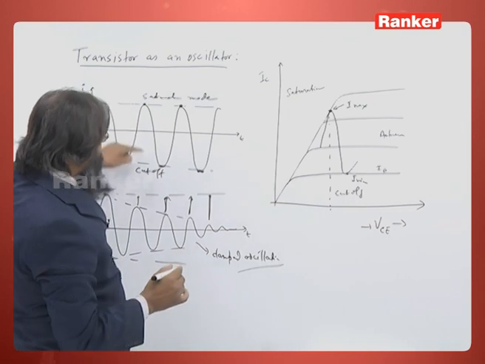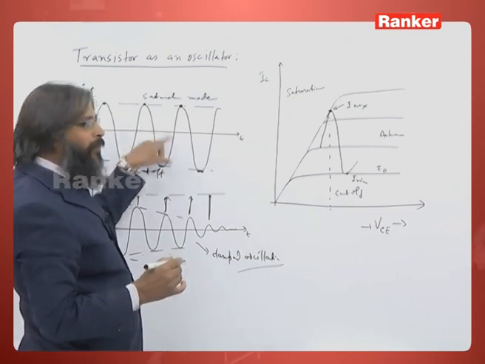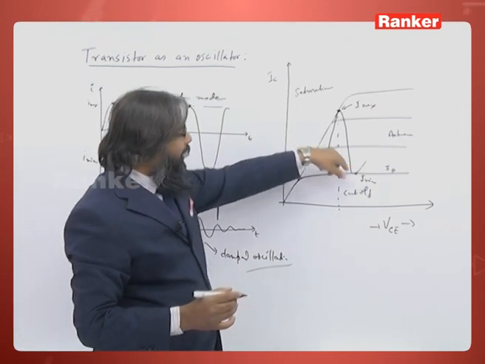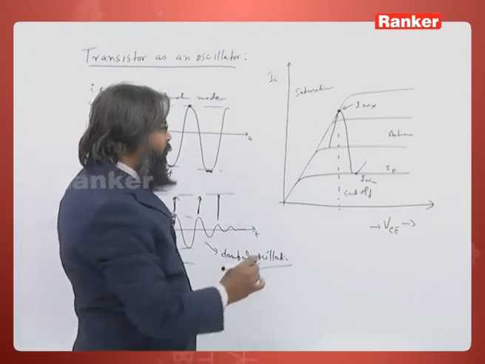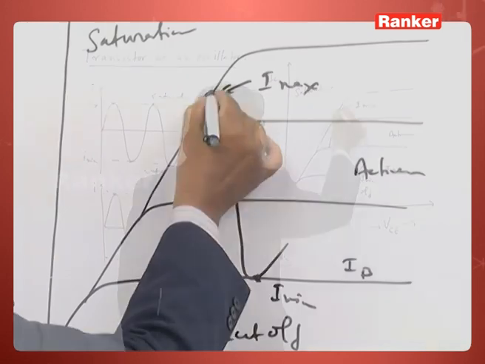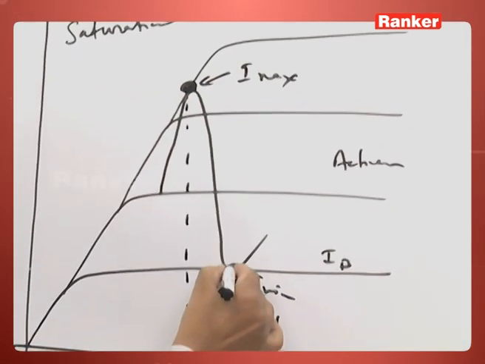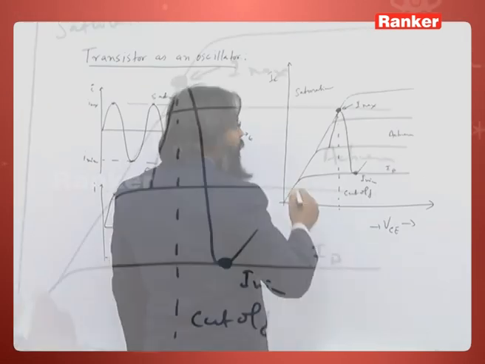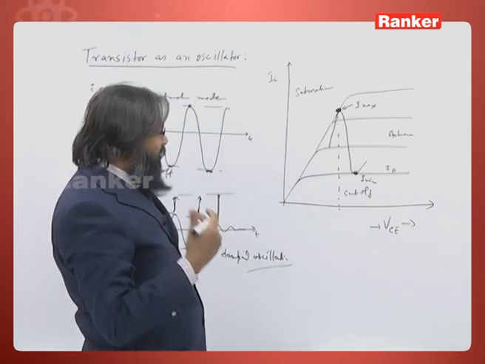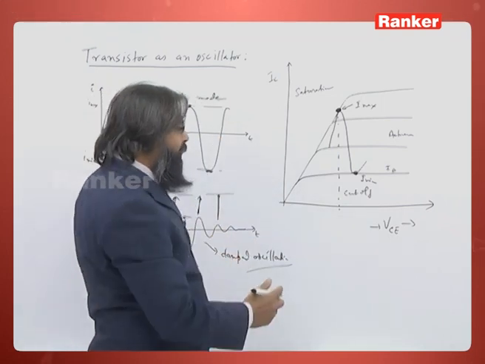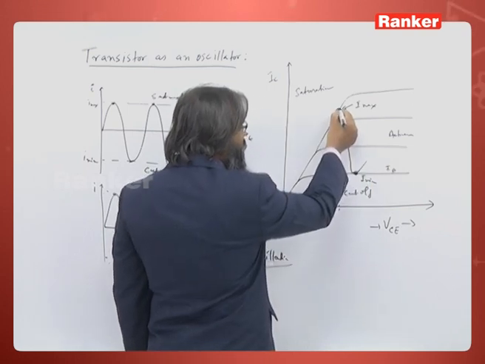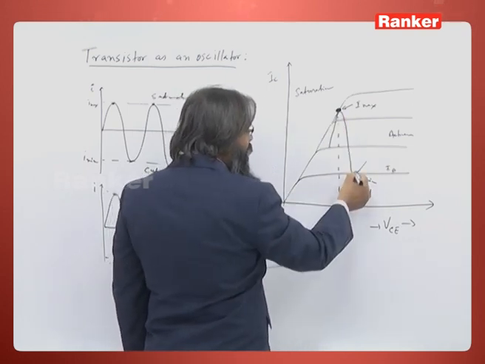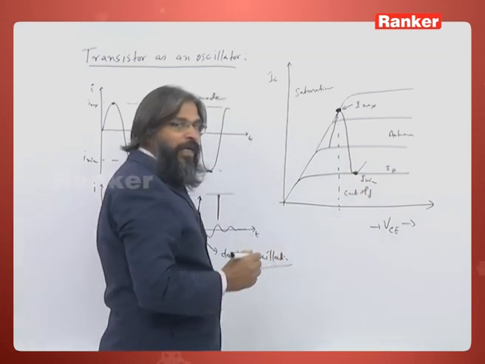Whenever the current is between maximum and minimum, the amplifier is in the active region. These are the operating points that we should take care of while we design the circuit for an oscillator. When maximum current is there, it is in saturation, and when minimum current is there, it is in cutoff mode.